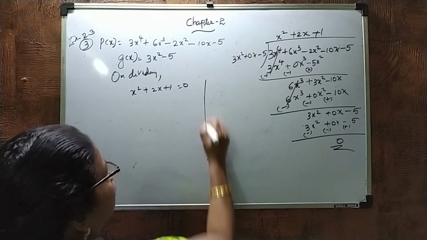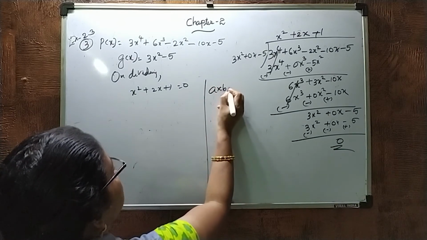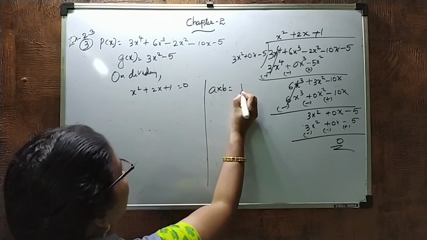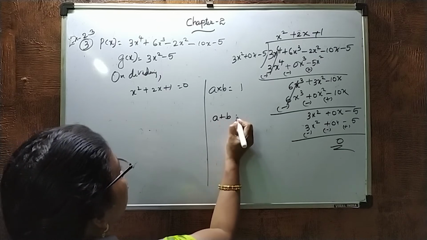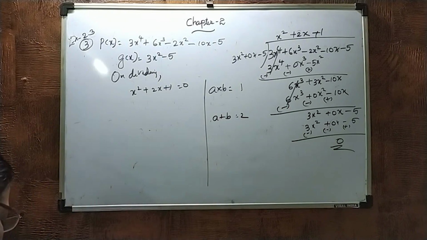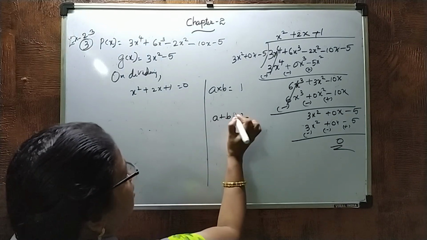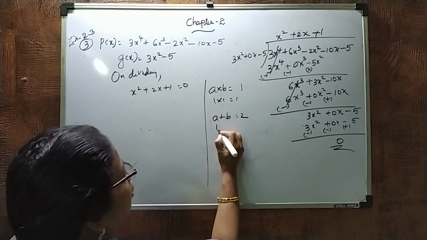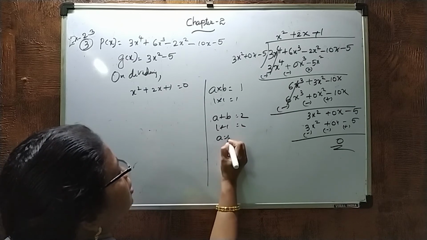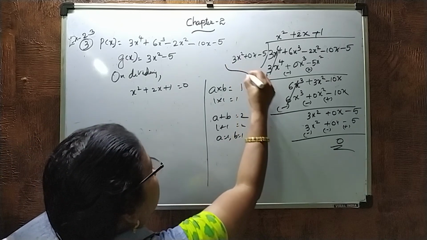Then a into b and a plus b. A into b is equal to 1 into 1, 1, and then a plus b is equal to 2 you will get. So this is the thing you have to find out, and then 1 into 1 is 1, 1 plus 1 is 2. So a is equal to 1, b is equal to 1.